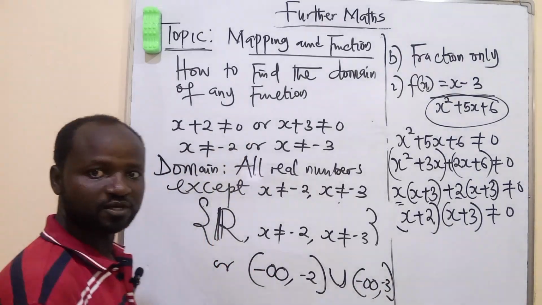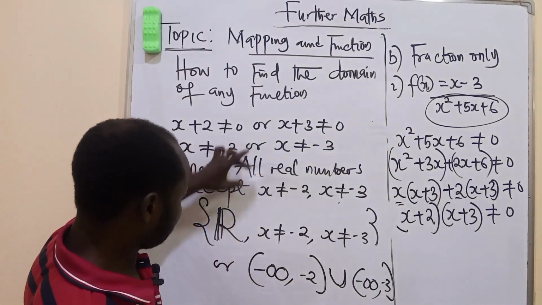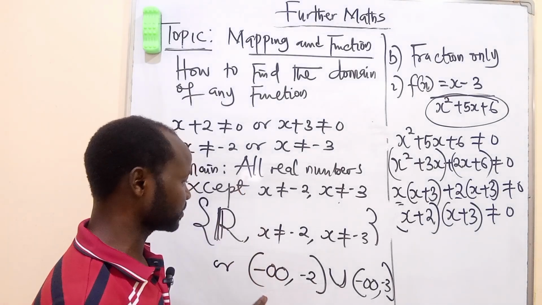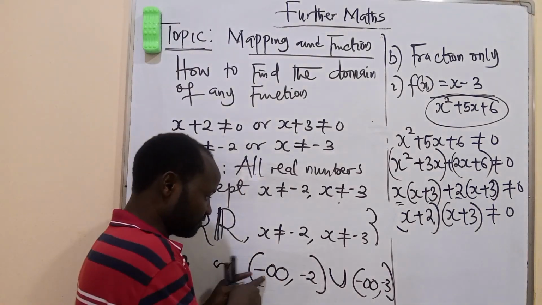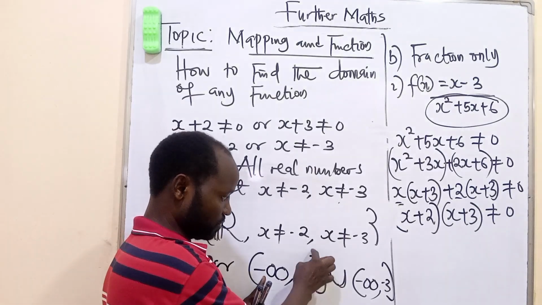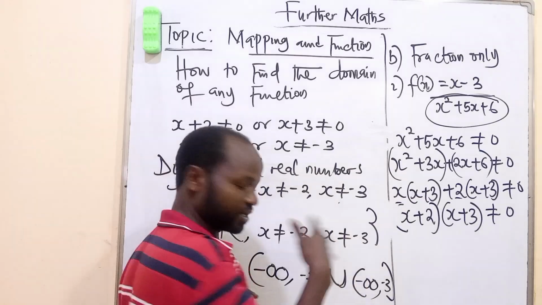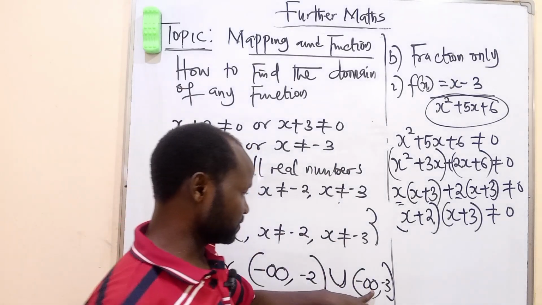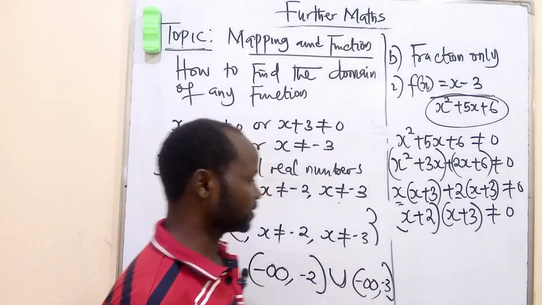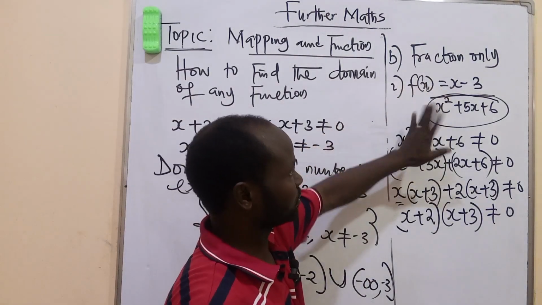Whether this first one or this one or this one, they are the same, and any of these is correct. This bracket means it is not included. So this is how to state the domain when you have a fraction only.